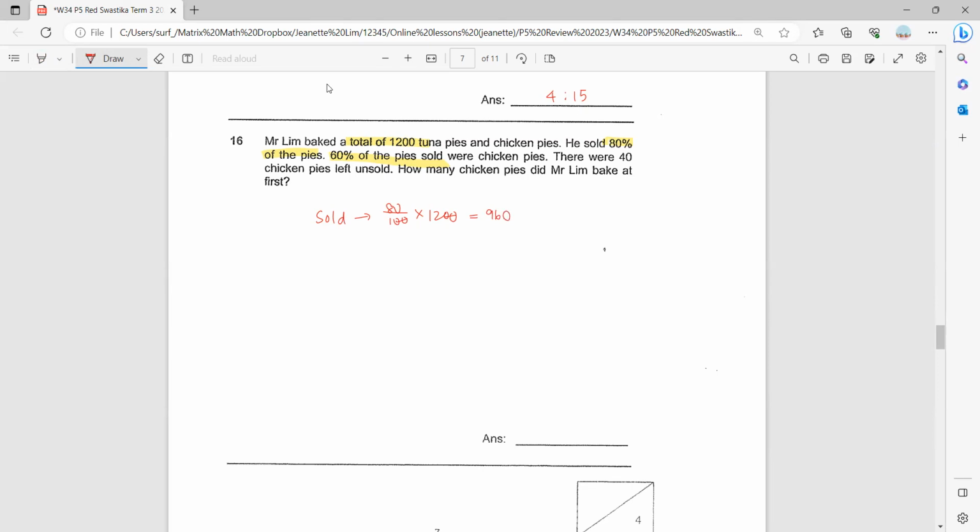Out of those that sold, 60% of that were chicken pies. So C, chicken pies sold is 60% of that number, 960. Okay, so cancel, cancel, cancel. So 96 times 6.